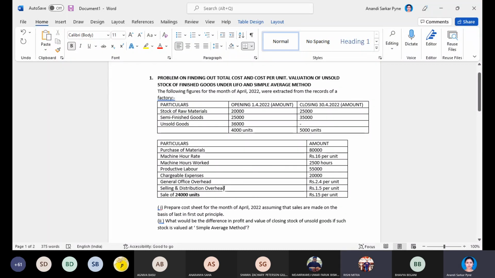Where do you charge selling and distribution overhead? When you have produced 5,000 products, out of which 3,000 will be sold, you will be investing in packaging and transporting it. So all of this you add in the selling and distribution overhead. So will you charge it for the whole 5,000 or the 3,000?